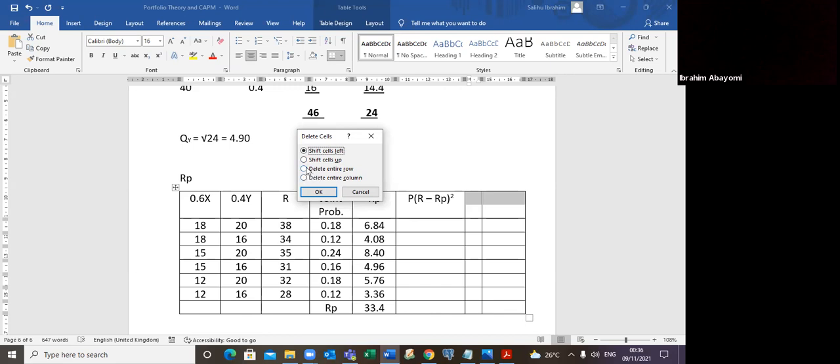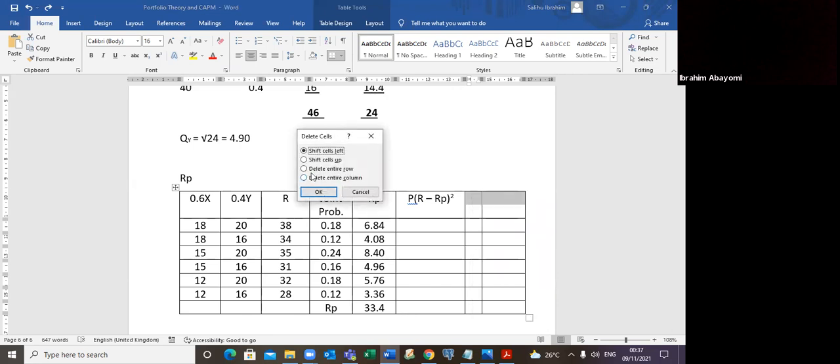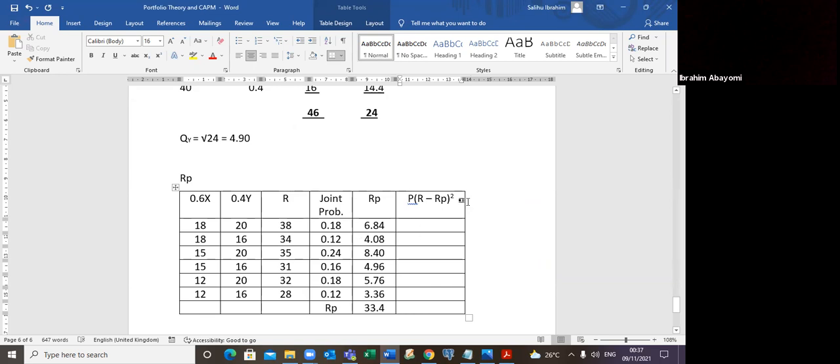So that's the reason why you have to do this. When you have different probabilities, you use this. When you have different returns, you also use the same thing. Do you understand me? Yes, sir.